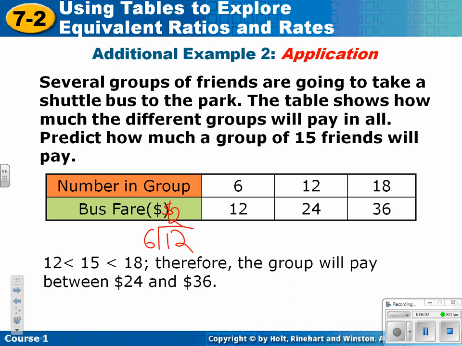What is that? $30. So 15 times 2 equals 30. How much would we expect a group of 15 to pay? We expect them to pay $30. Now, does $30 fall in between our 24 and 36 like we expected it to? Yes, absolutely.